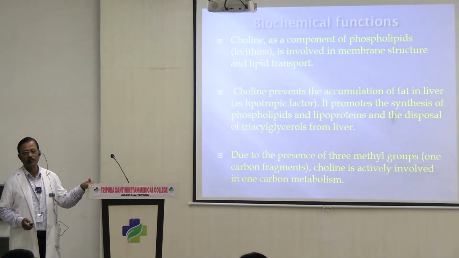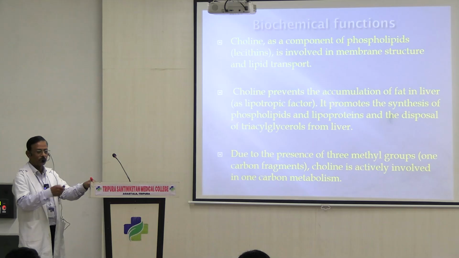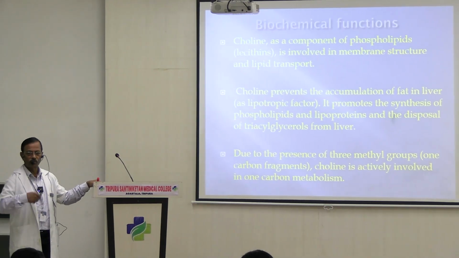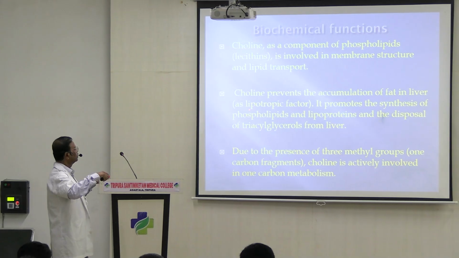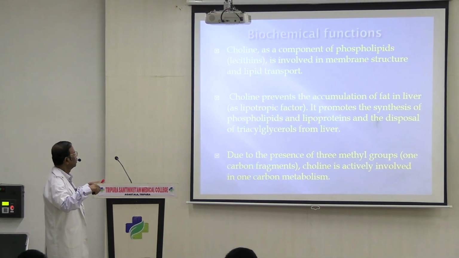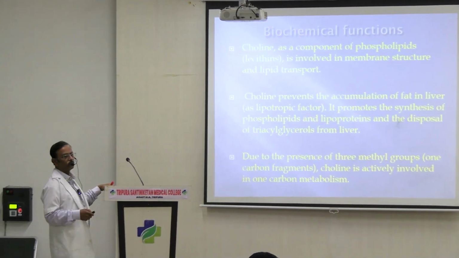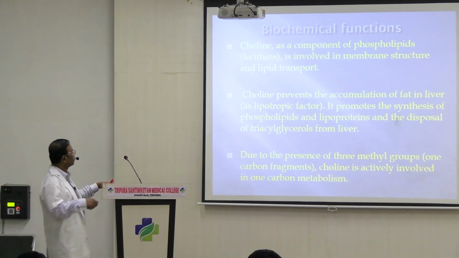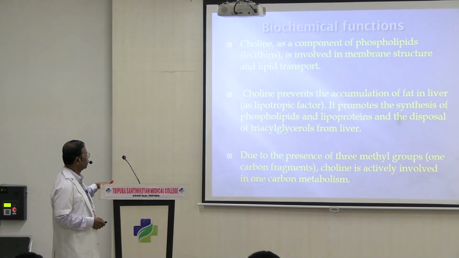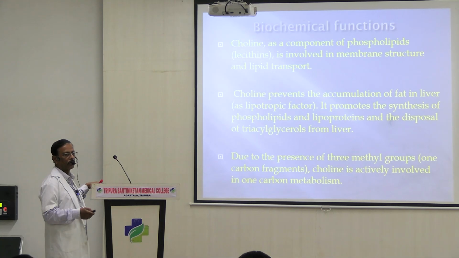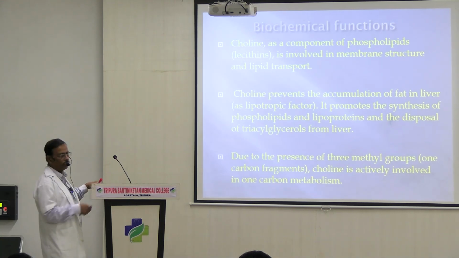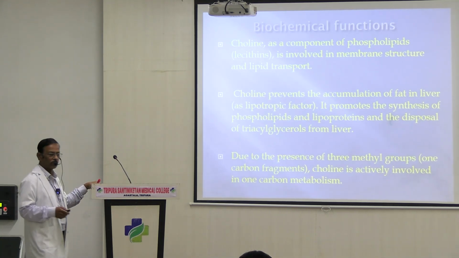That causes fatty liver. So choline is one agent that removes fat from the liver. Those chemicals which remove fat from the liver are called lipotropic factors. You may be given a question on lipotropic factors also. In that case, choline and inositol you have to describe.